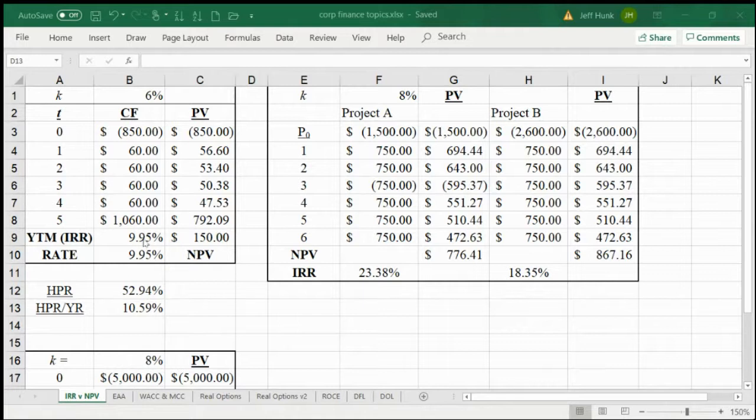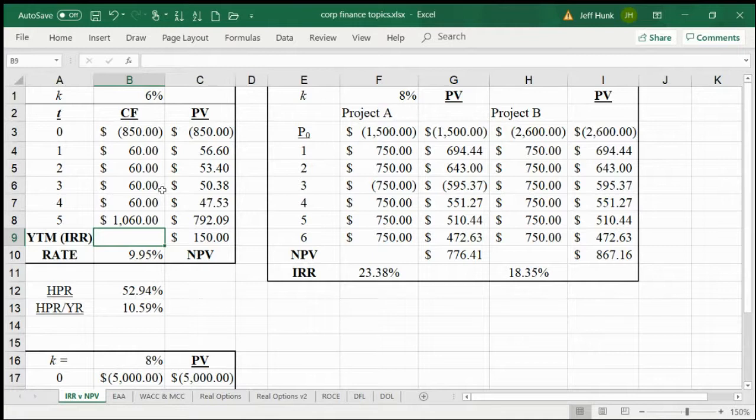So let's see, using the example we used in the previous video, you see this model. Let's see how I got the internal rate of return.